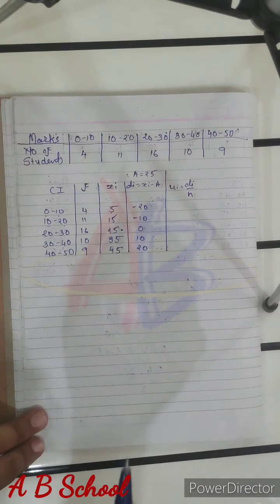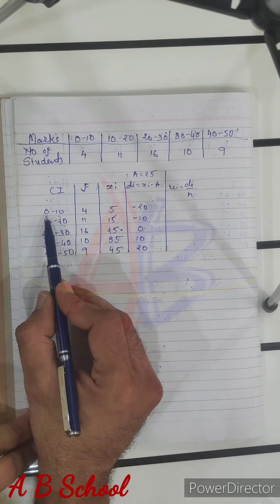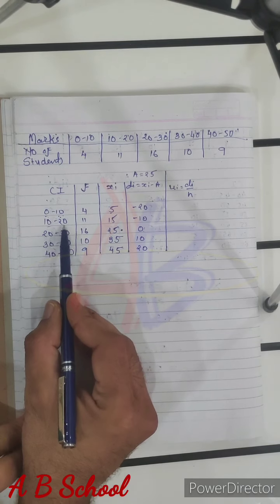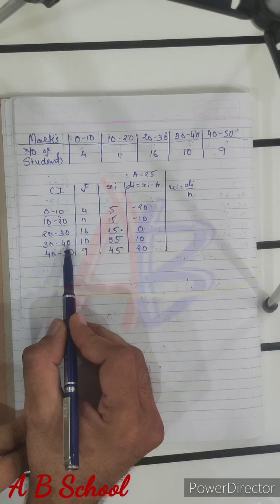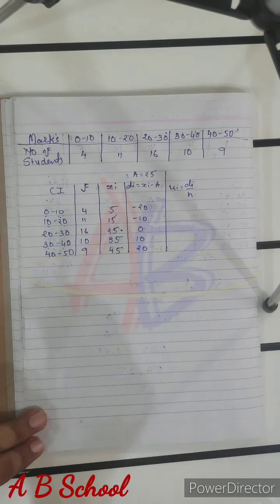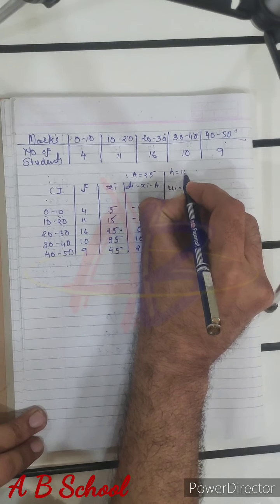Class size is the upper limit of the class minus lower limit of the class. So 10 minus 0, 10. 20 minus 10, 10. 30 minus 20, 10. 40 minus 30, 10. 50 minus 40, 10. So here my class size is h is equal to 10.